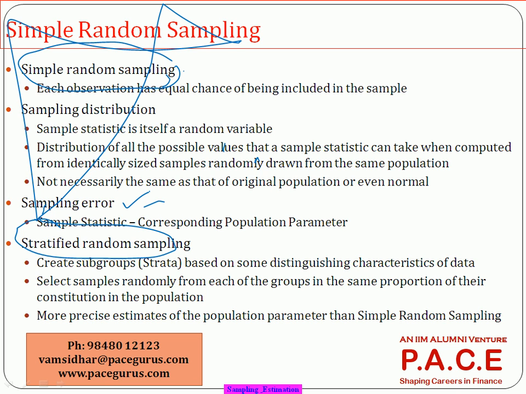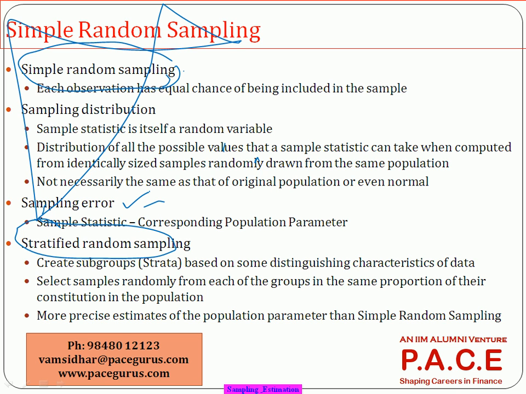So what is happening is the sample average itself takes different values. If I take the average of these 1,000 people, I get one value for the average. If I take the average of another 1,000 people, I get another average, right?